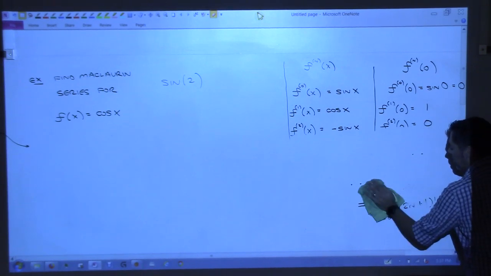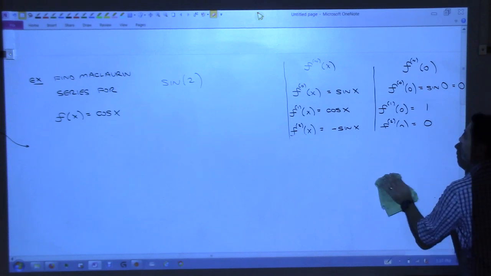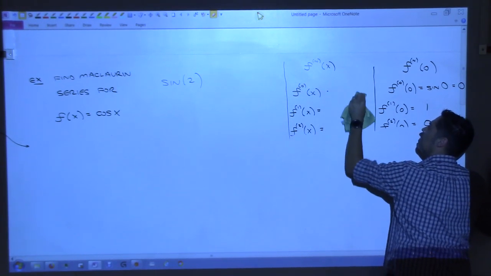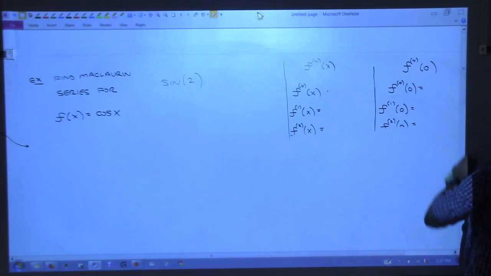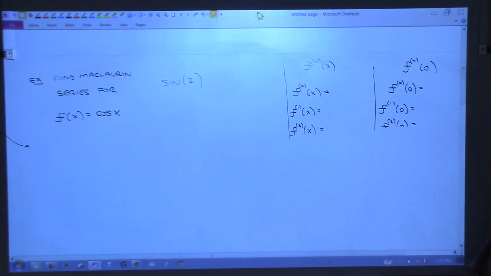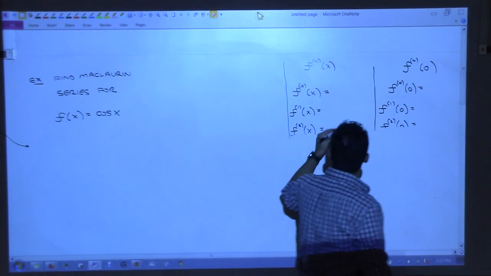It's going to be very close. I'm going to work through this one a little faster, so hopefully you can keep up. So we're going to start back at this table, but we're starting with cosine.